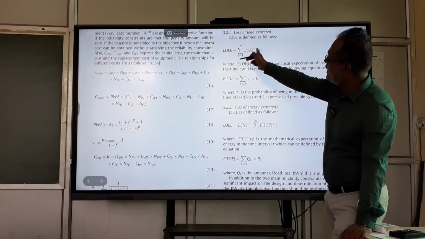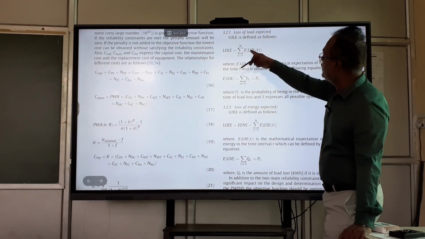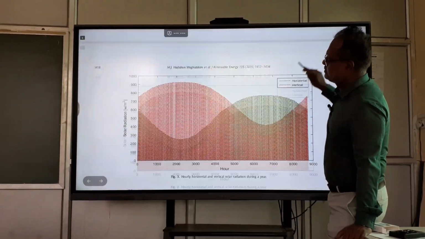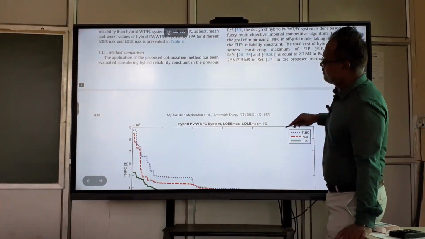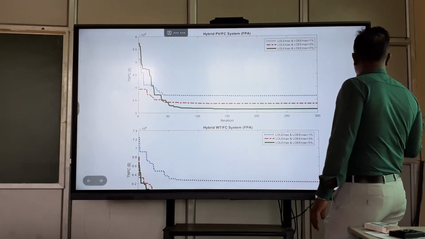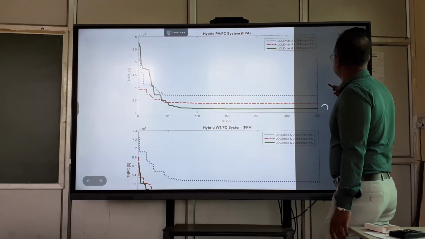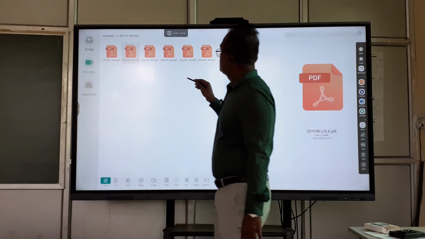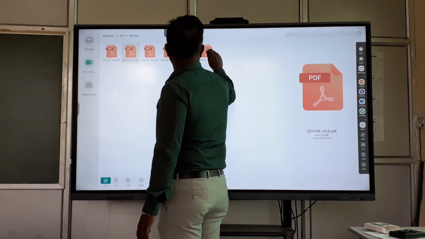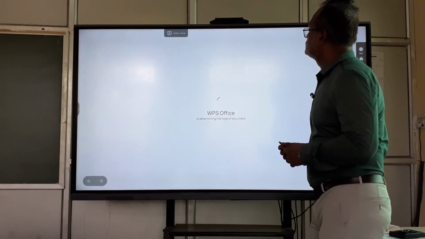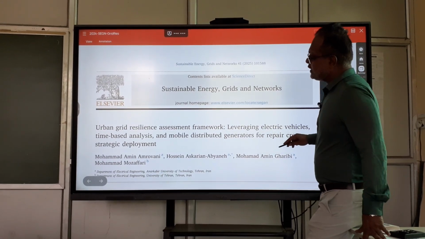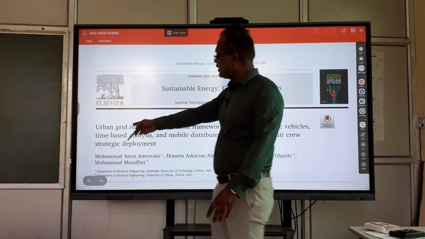Then you see here LOLE, all these things. LOLE and LOEE. The next one is, here, this is not directly reliability, rather it is computing grid resilience.